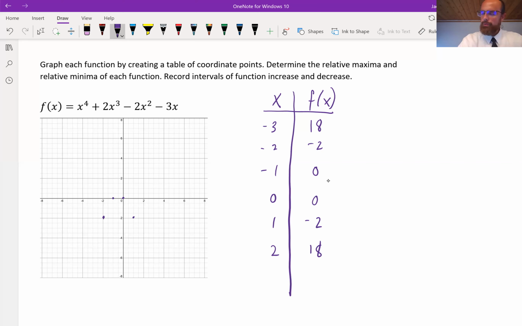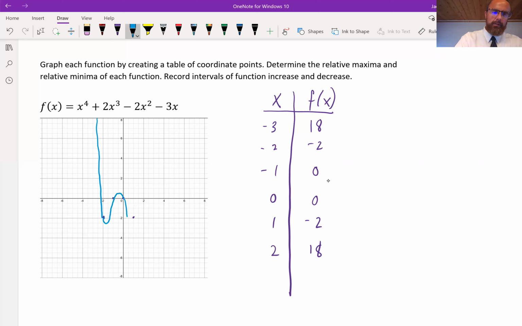And then 2 is up at 18. So we'll graph this function. So I'm going to pick up. And what we've got to consider is that we are descending from 18 at -3. So it's coming from above, hitting that point, and it goes a little bit further down, it comes back up.